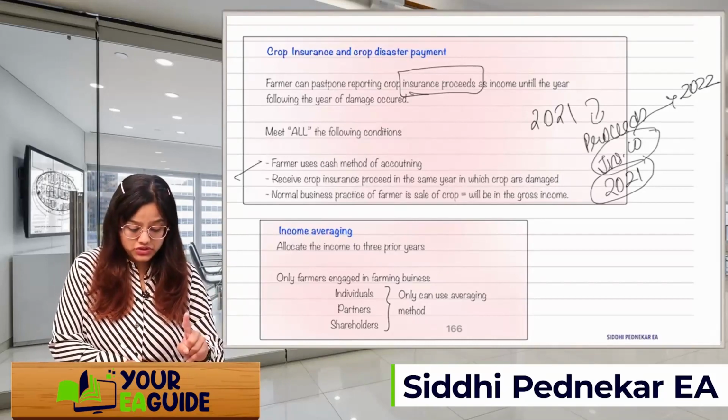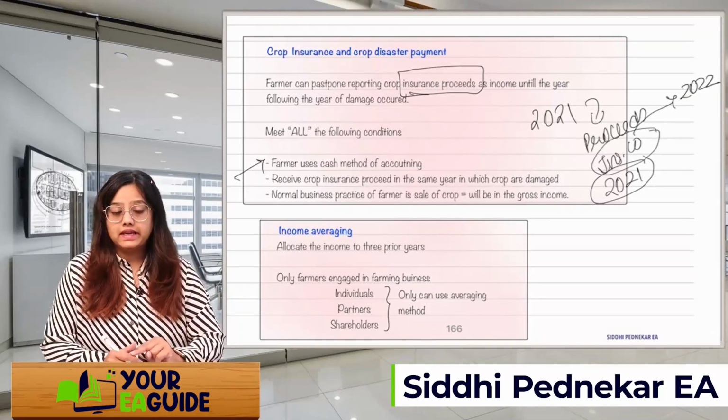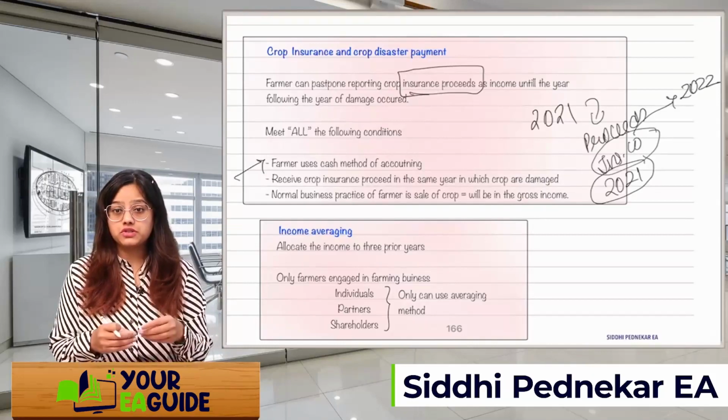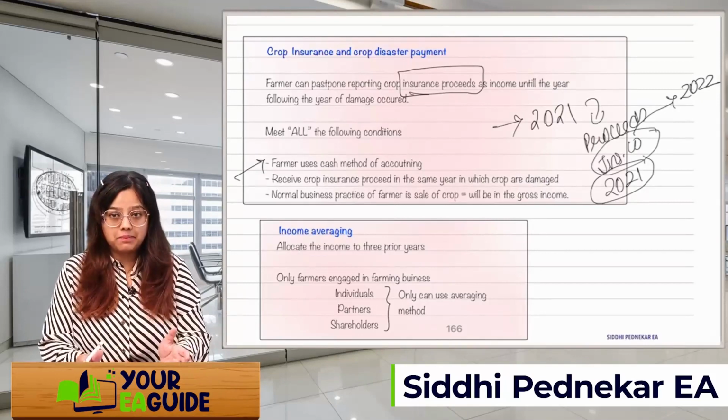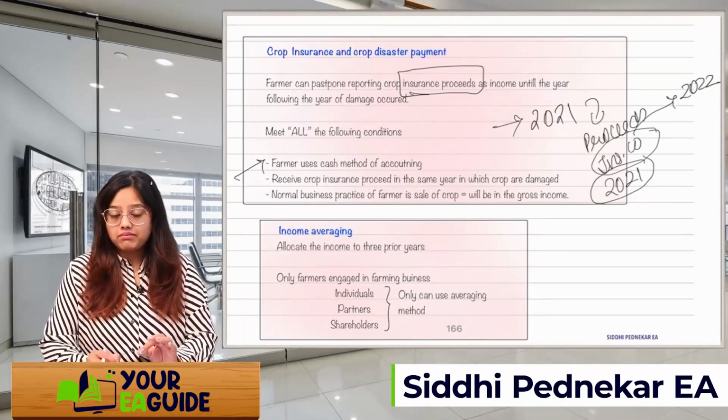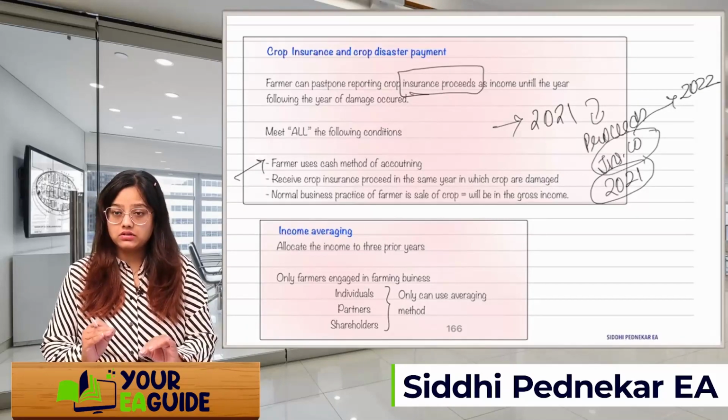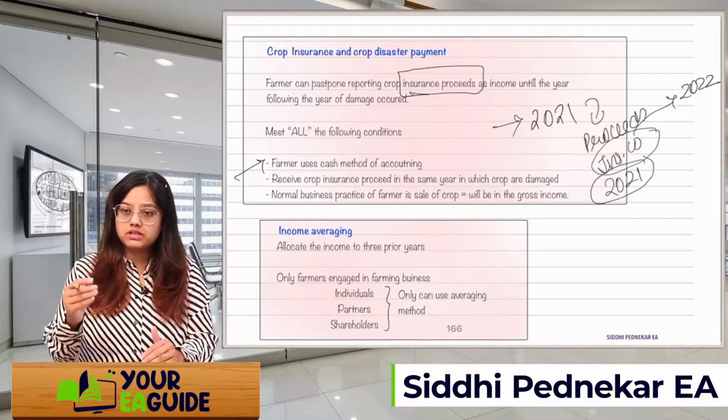But there are some conditions. The farmer must use the cash method first. Second, they should receive the insurance proceeds in the same year. So if the damage to the crop happens in 21, they should receive the proceeds from the insurance company in the same year.